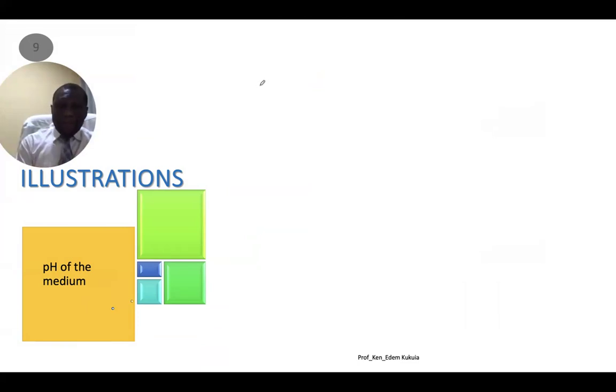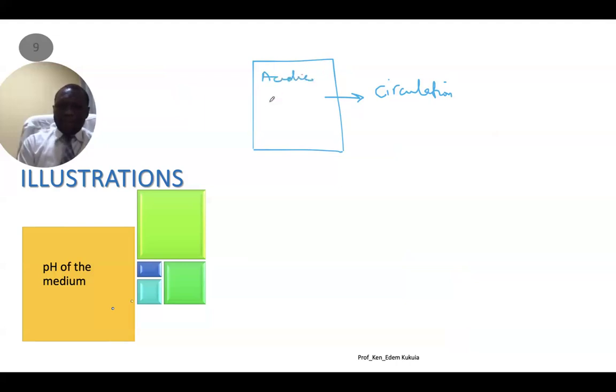So now pay particular attention to what I'm going to do. Let's say that this is our medium in which the drug finds itself. The drug needs to cross to circulation. Now, if the drug is acidic, for an acidic drug, the drug may be illustrated this way, HA, and in physiological solution, it dissociates into H plus and then A minus, that is the anion.